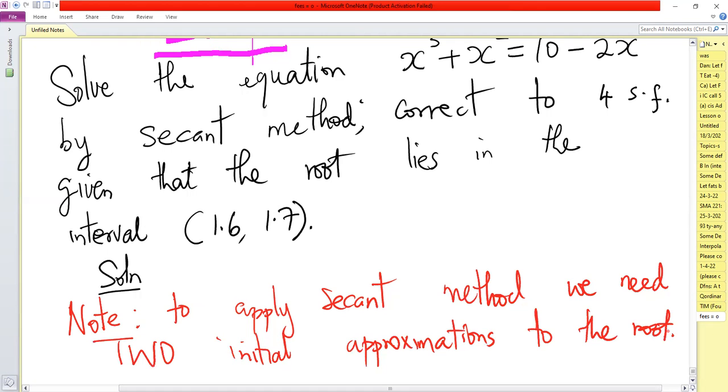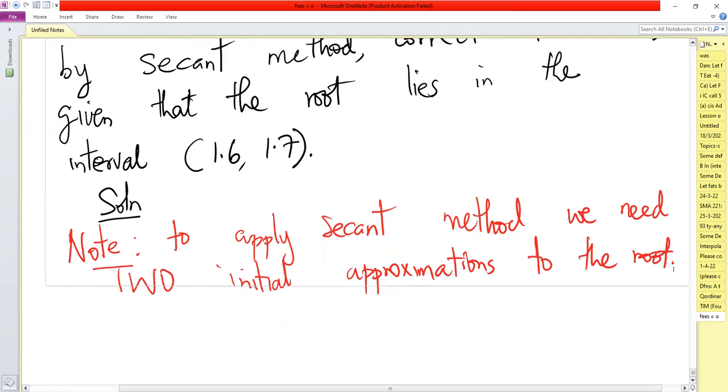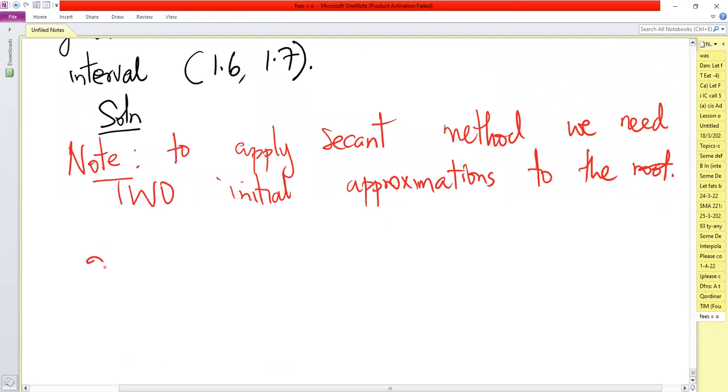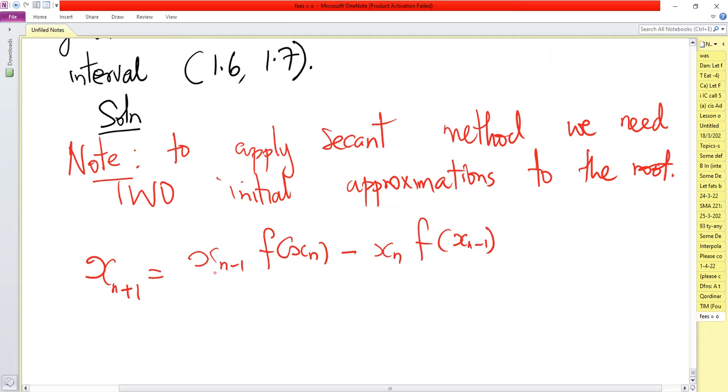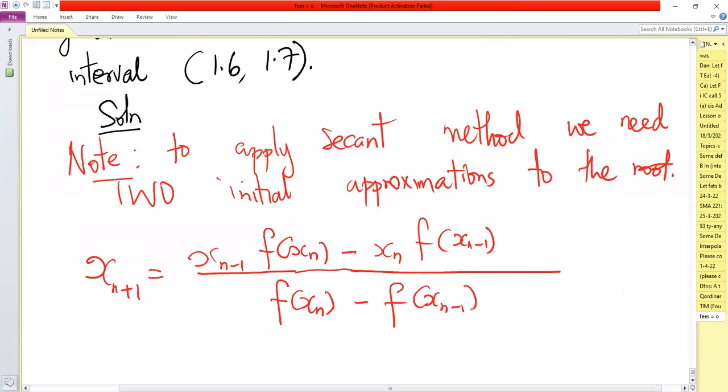And then the secant method itself is given by x n plus 1 is given by x n minus 1 f of x n minus x n f of x n minus 1 divided by f of x n minus f of x n minus 1.